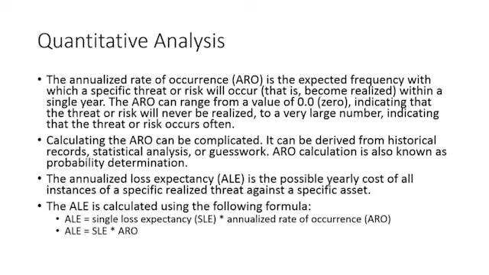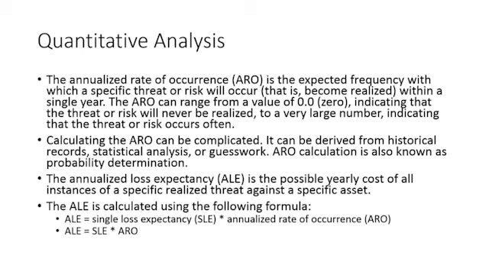Now we also have something called the annualized rate of occurrence, the ARO. This is the expected frequency with which a specific threat or risk will occur within a single year. The word annualized should give that away. So an ARO is how many times it's going to happen in a given year.